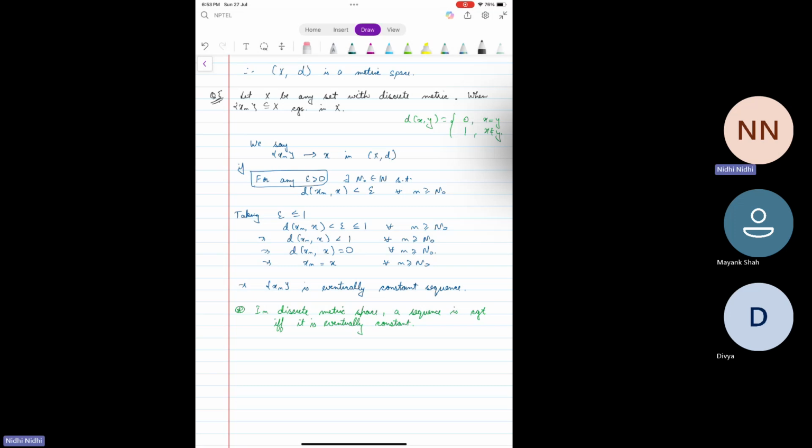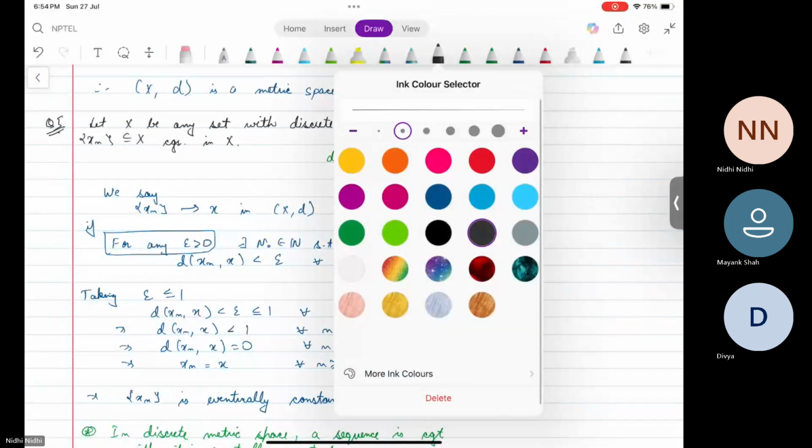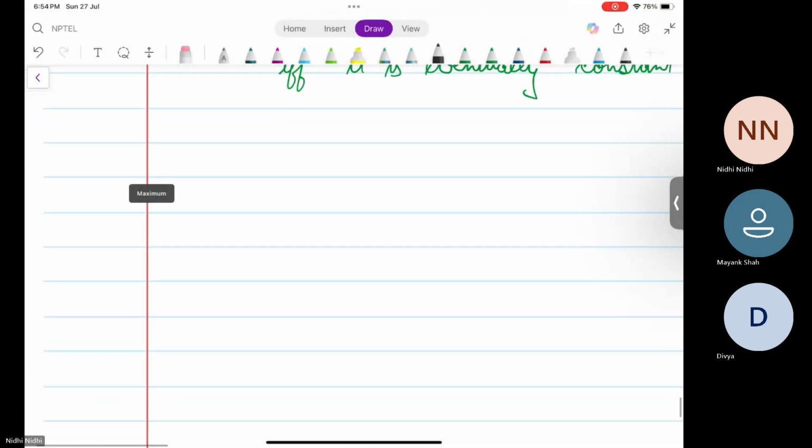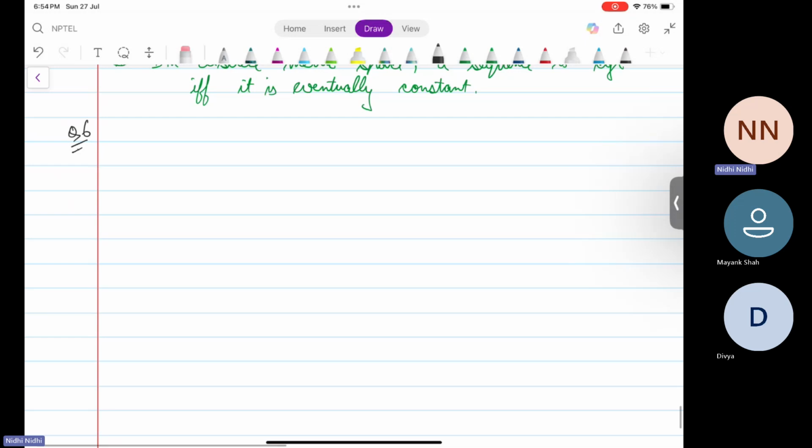Next, we will see convergence in the space of bounded functions. So, can anyone tell me how we define metric on the space of bounded functions? If you can recall the sup norm.